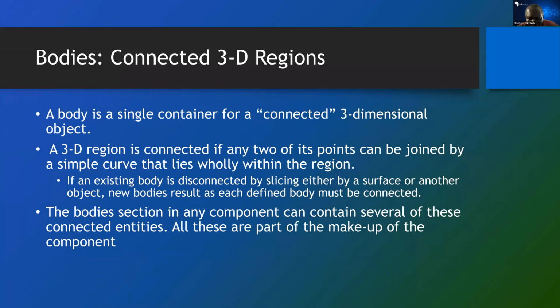If an existing body is disconnected either by a surface or another object, new bodies result, as each defined body must be connected. The body section in any component can contain several of these connected entities. All these are part of the makeup of the component.